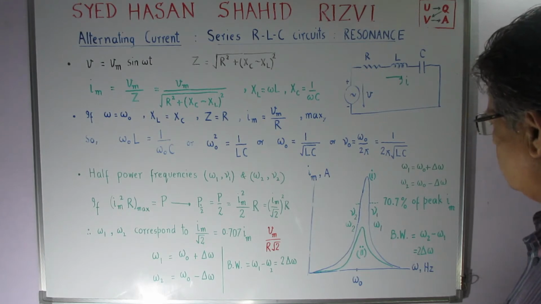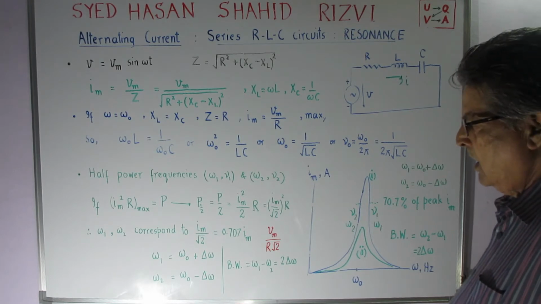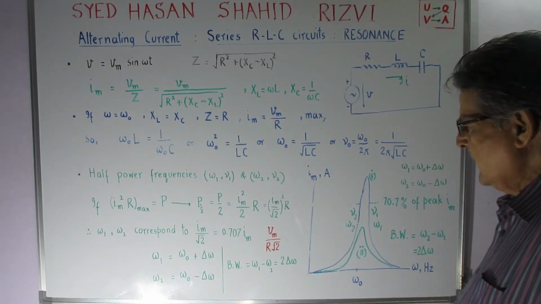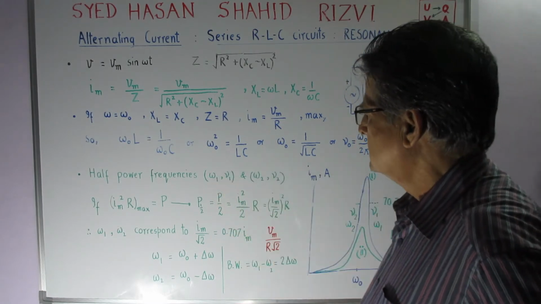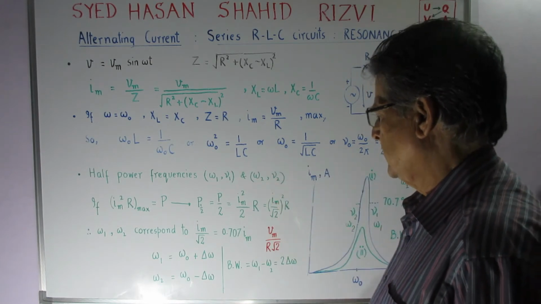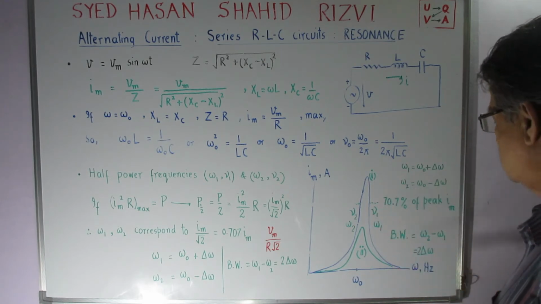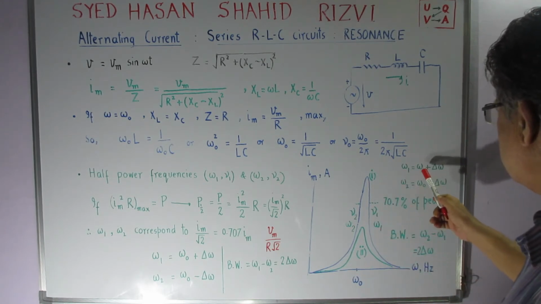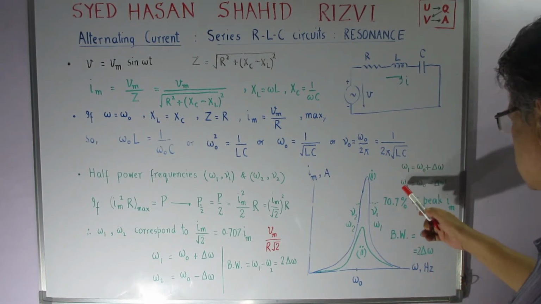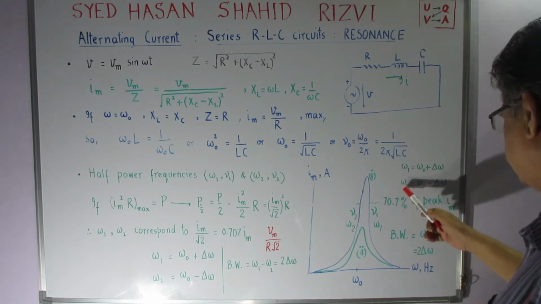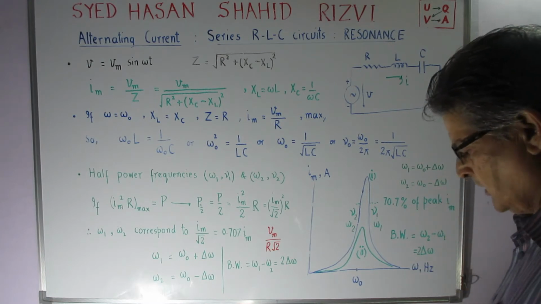So you can see that now we define half power frequencies omega 1, nu 1 and omega 2, nu 2. This increased frequency omega 1 is equal to omega naught plus delta omega, and this decreased frequency on this side is omega 2, which is omega naught minus delta omega.